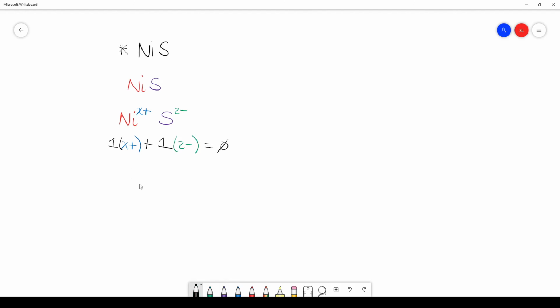So X minus 2 equals 0, and that gives me X equals 2 plus. So the charge on the nickel is 2 plus. I have nickel 2 plus, and my S2 minus didn't change.